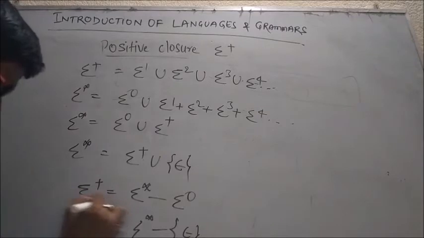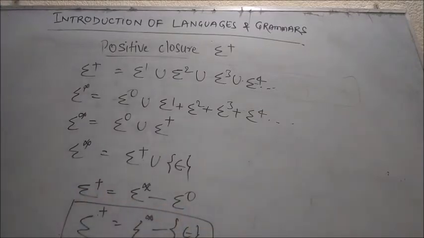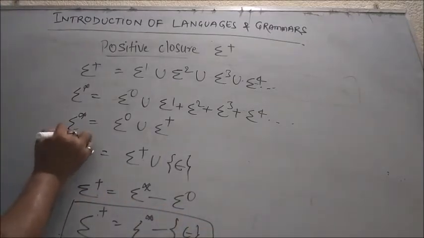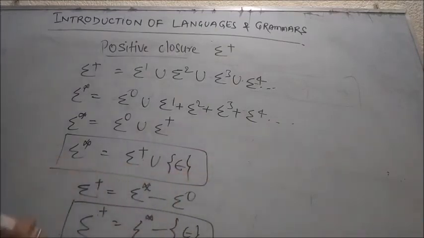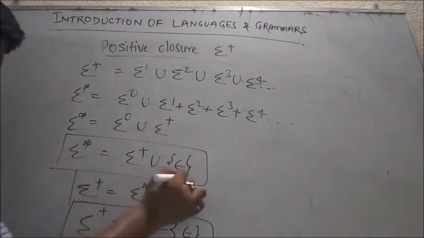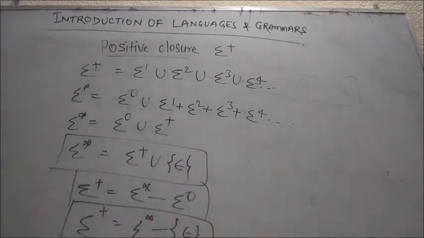So many deductions you can make. This is one important deduction, this is the second important deduction, and this is the third important deduction. You can take anything, this one or this one.